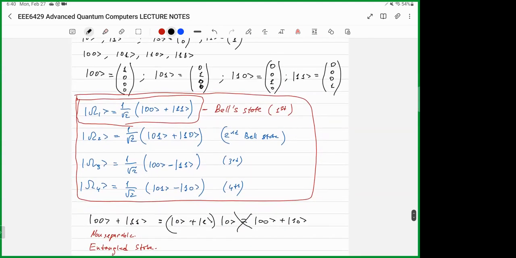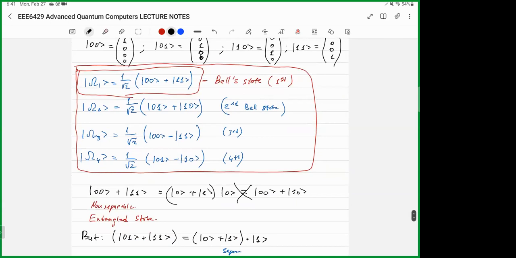And we concluded the lecture with this discussion of the Bell states. So we say that the Bell state is the most entangled state. It is a non-separable state. You cannot represent the state as a product of two states that belong to each single qubit, right?